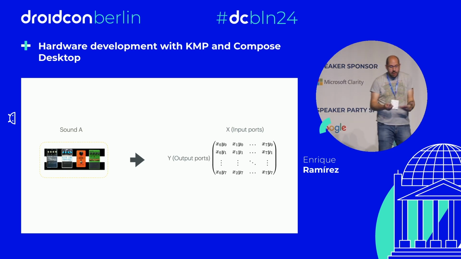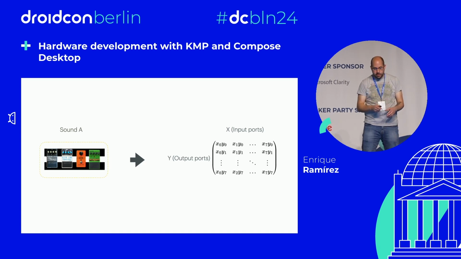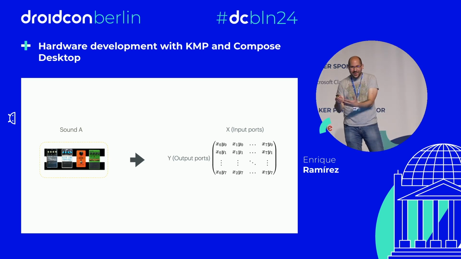Now, how does this translate into what we're doing? So we have these sets of pedals, these sounds that we were talking about before, which is just a list of the pedals, and we convert them into a matrix. That's why I call the project the Matrix 8.